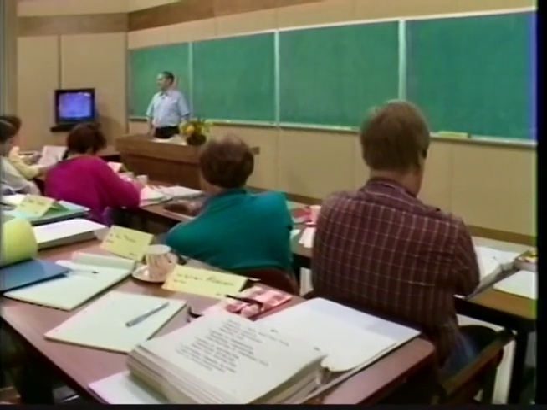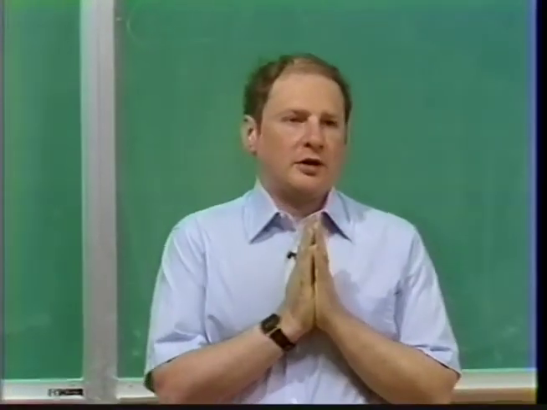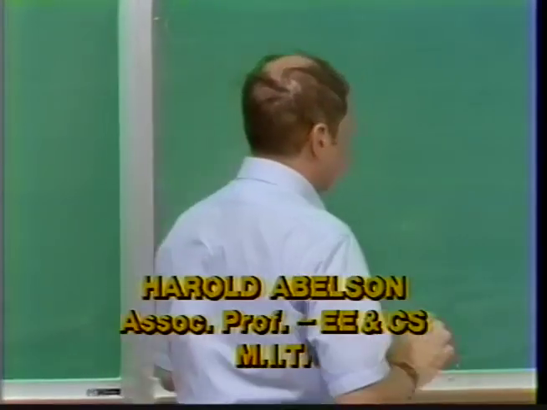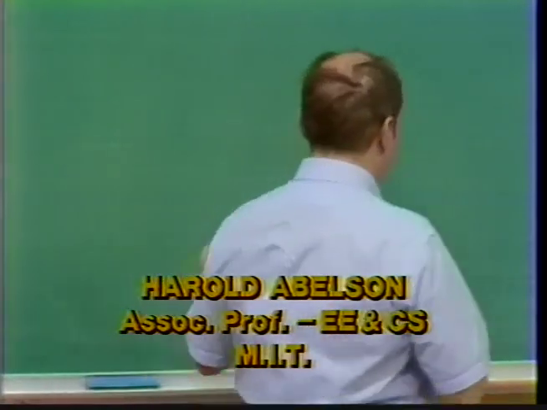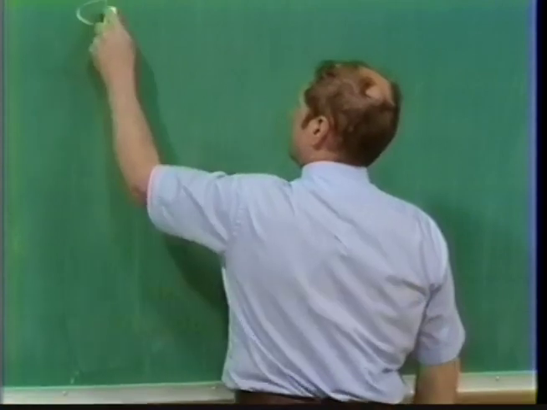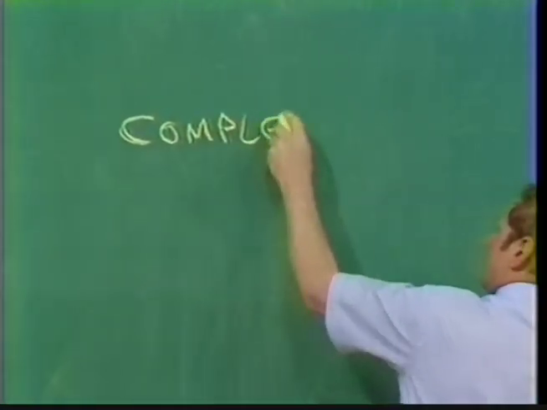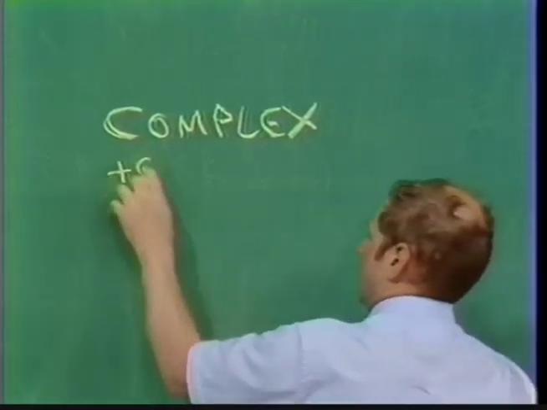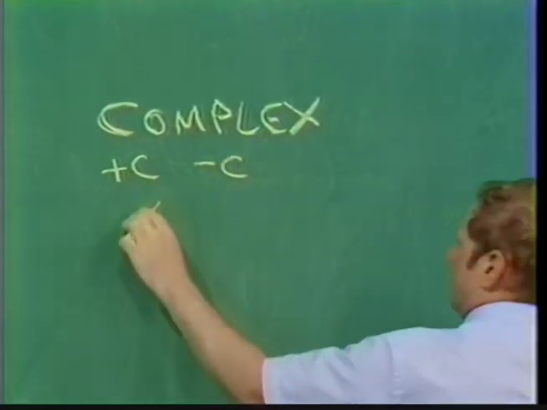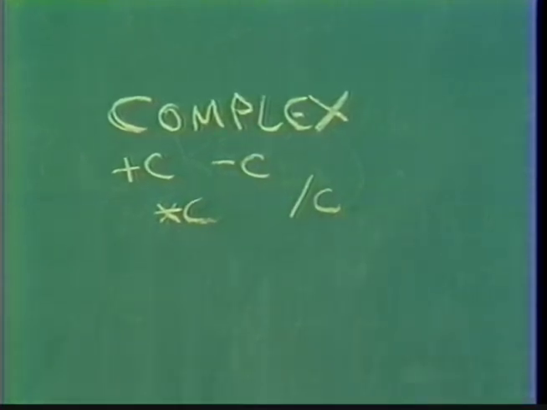All right, well, we just looked at data-directed programming as a way of implementing a system that does arithmetic on complex numbers. So it had these operations in it called plus C and minus C and multiply and divide, maybe some others.